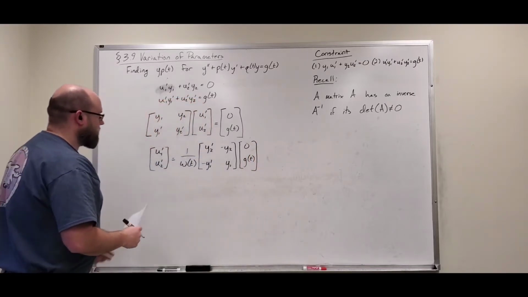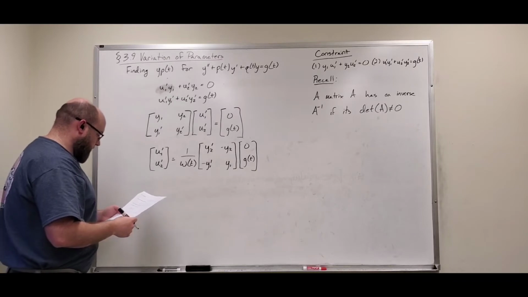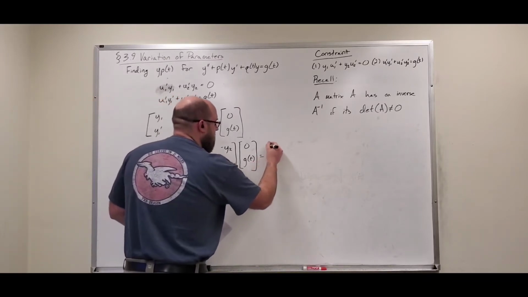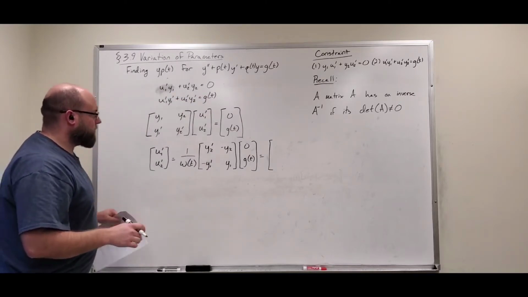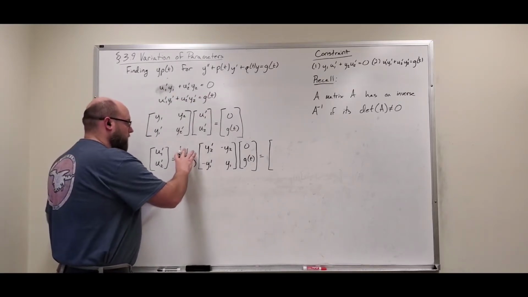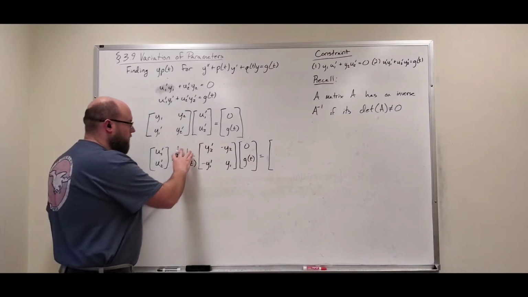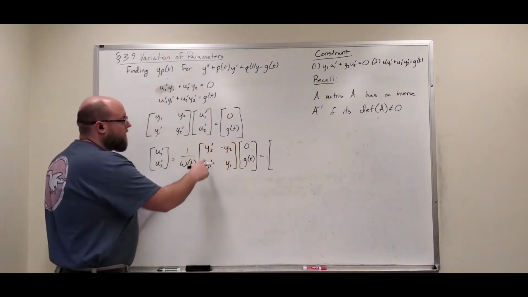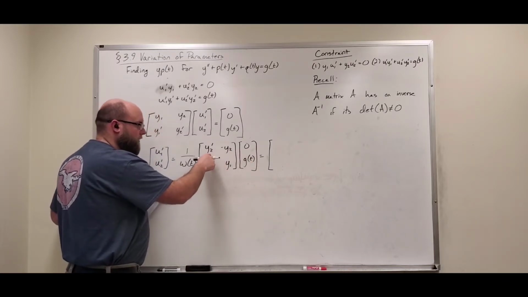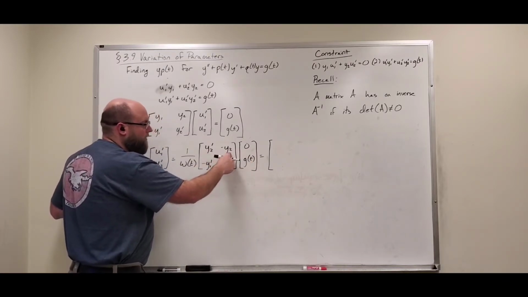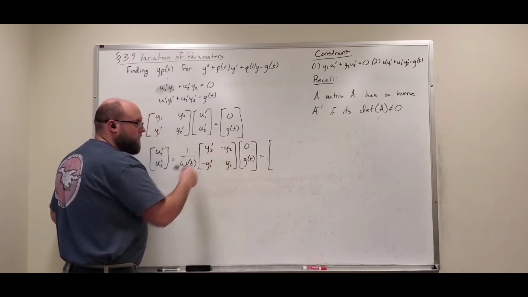All right, so based upon that, we're going to get the following matrix. Okay, so following matrix multiplication, we have our scalar multiple out here that we're going to multiply each of these terms by. Then I'm going to multiply this term by this term, and then add this term times this term there.